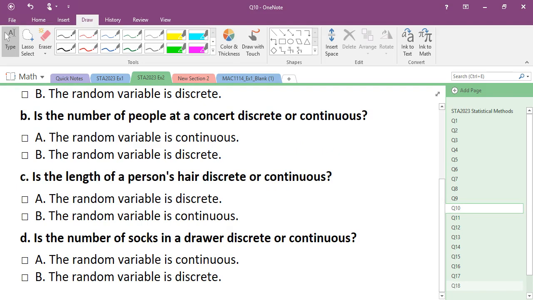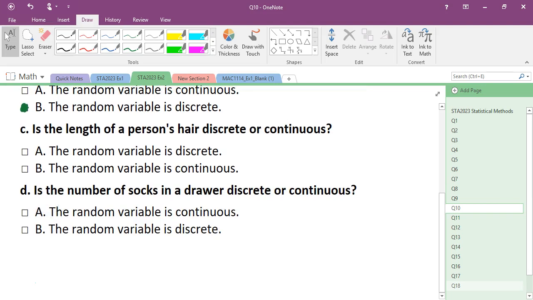Definitely discrete. It's like, hey, I've got 10 people at this concert. Or, hey, I've got 11 people at this concert. I can't have anywhere between 10 and 11. I don't have 10.5 people at a concert. That's just weird. What does 0.5 of a person at a concert look like? Just legs walking around? Pretty much. So definitely discrete.